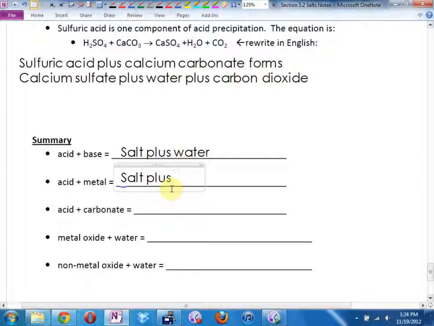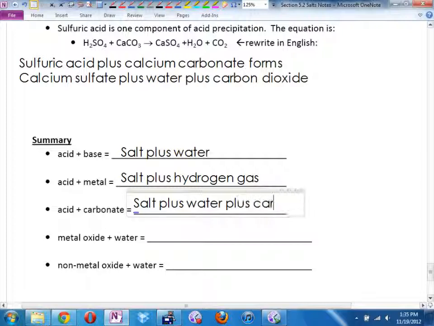There are several, but the first one on your periodic table, hydrogen gas. Acid plus carbonate gives a salt plus water plus carbon dioxide, CO2.